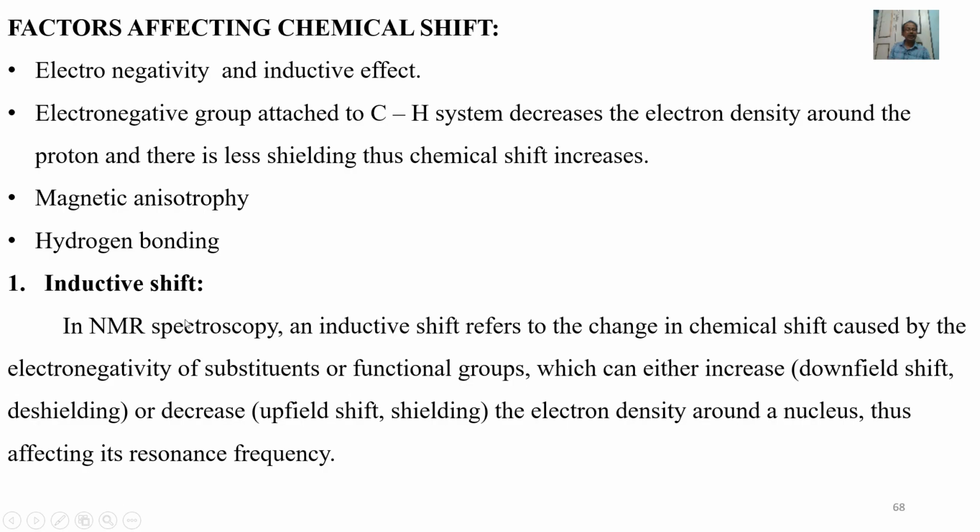In NMR spectroscopy, an inductive shift refers to the change in the chemical shift caused by the electronegativity of substituents or functional groups, which can either increase (downfield shift or de-shielding) or decrease (upfield shift or shielding) the electron density around the nucleus, thus affecting its resonance frequency.